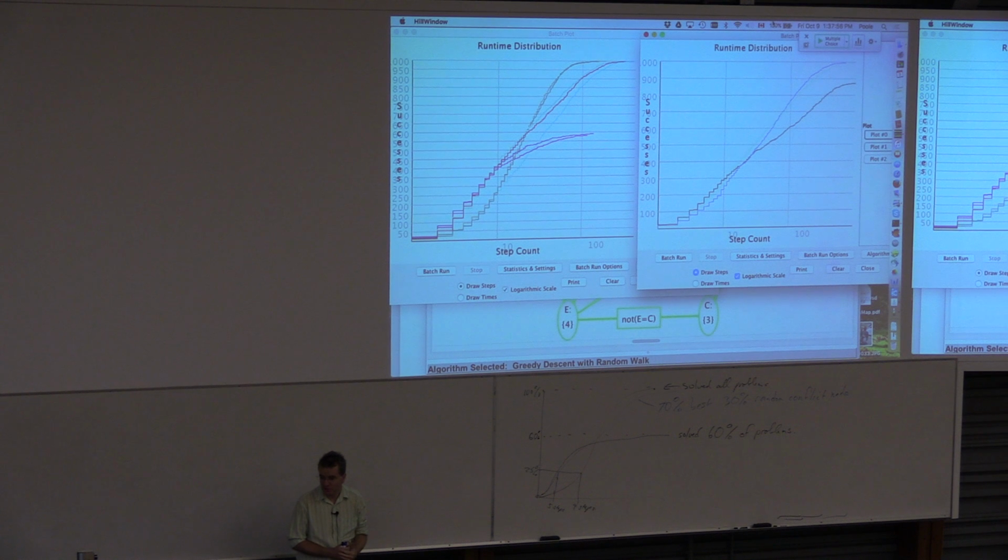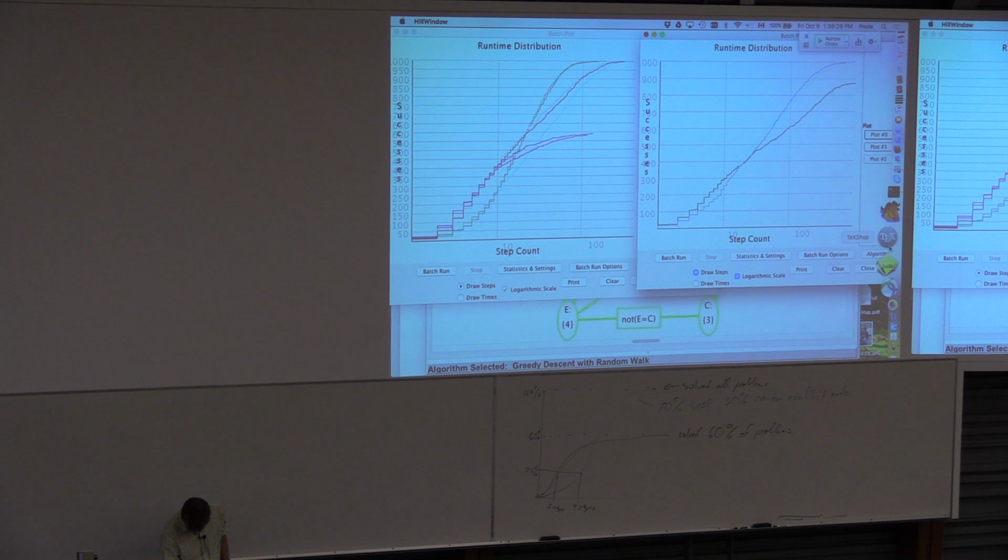As you get more and more solutions, it solves more. The 70% walk solved similar to the lower numbers here and similar to this upper value here. So they're similar.